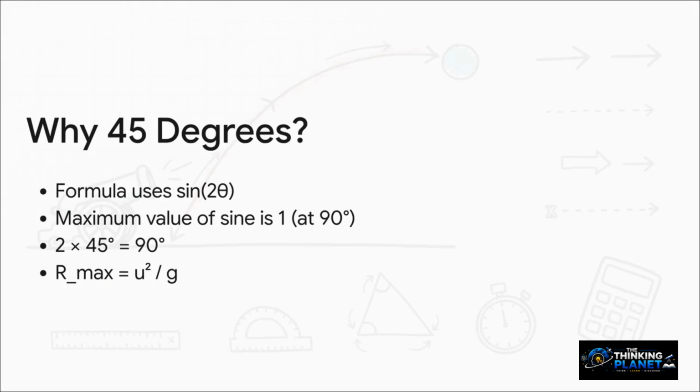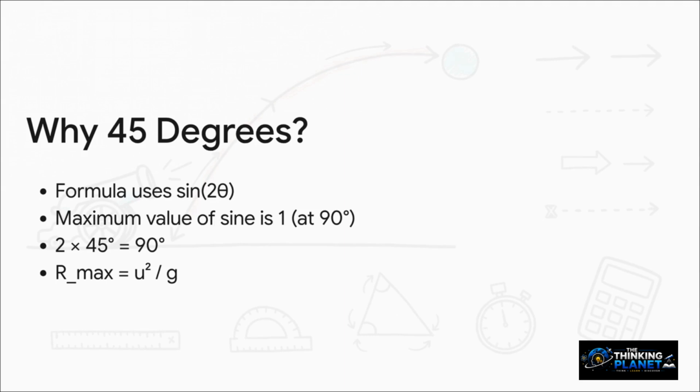So the crucial point is why 45 degrees actually works. And it all comes right back to how the formula was derived. Remember, the formula uses the sine of 2 theta. In trigonometry, the maximum possible value for a sine function is exactly 1, and that peak happens at exactly 90 degrees. So, if we want the sine part of our equation to be at its absolute maximum, 2 theta needs to equal 90 degrees.